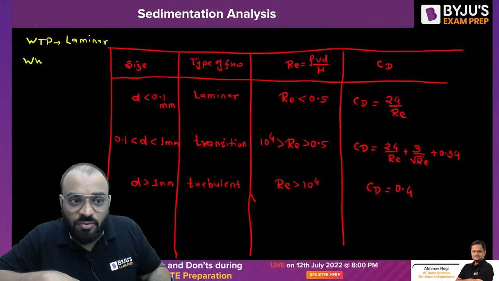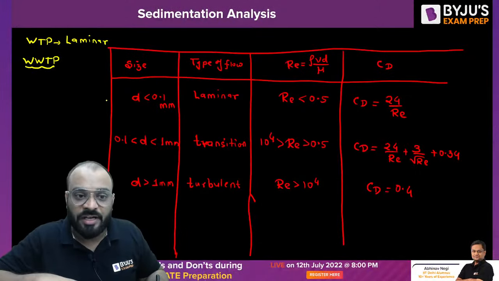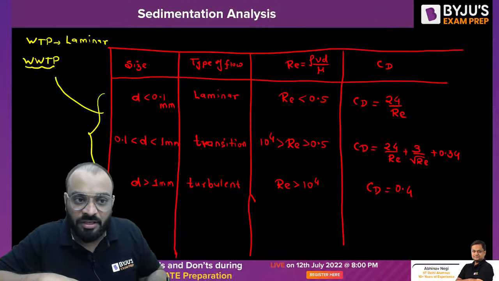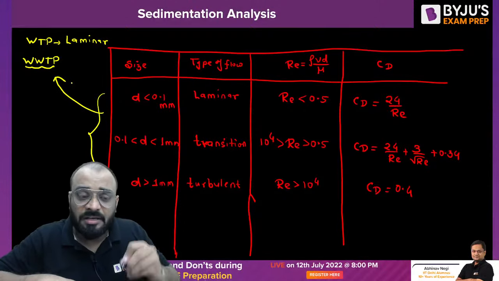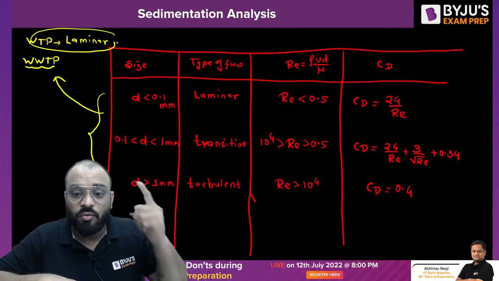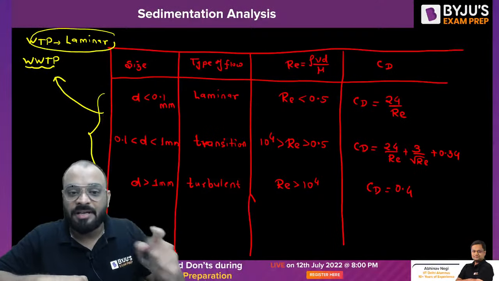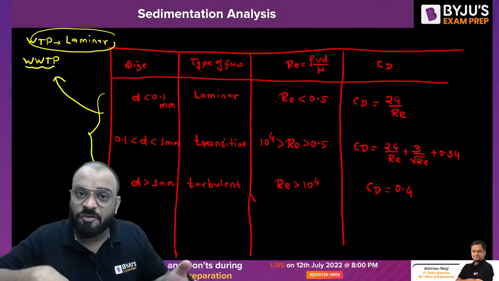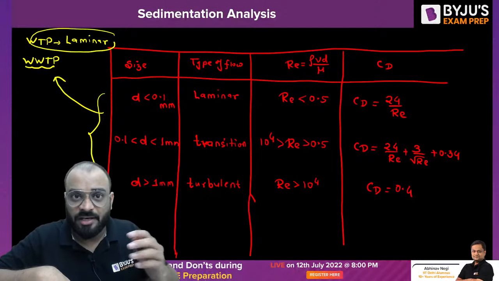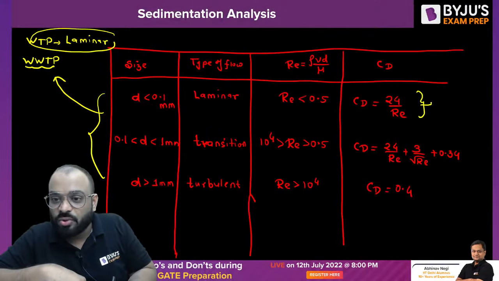But if you have wastewater treatment plant, all three types of flow you may see in the different treatment units, like grit chamber and etc. So that's why guys, all three laws are important for wastewater treatment plant, but the laminar flow is important for water treatment. Clear? Now, if you use the laminar condition when the size of particle is less than 0.1 mm and the Reynolds number is less than 0.5, so that particular law is your Stokes law.